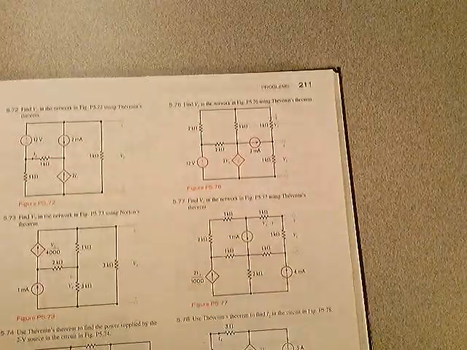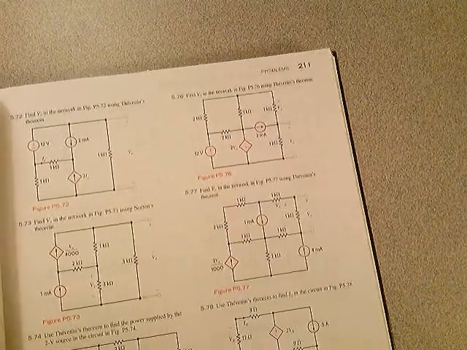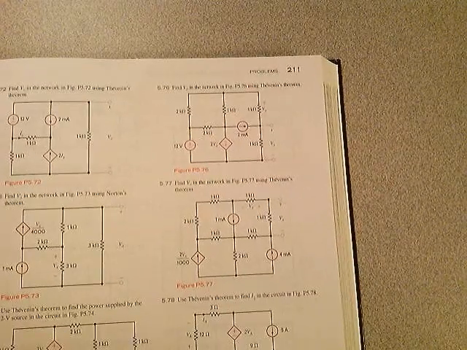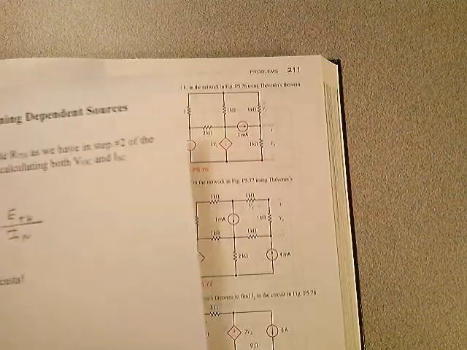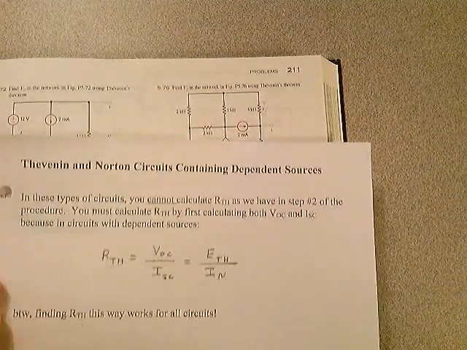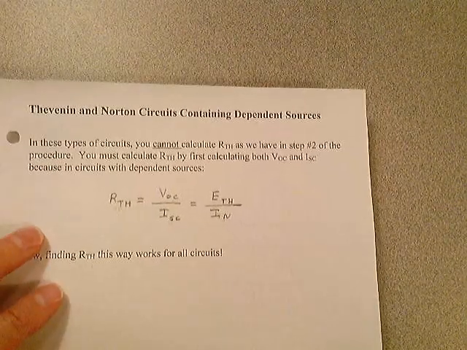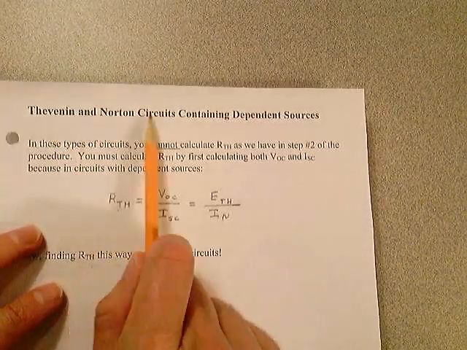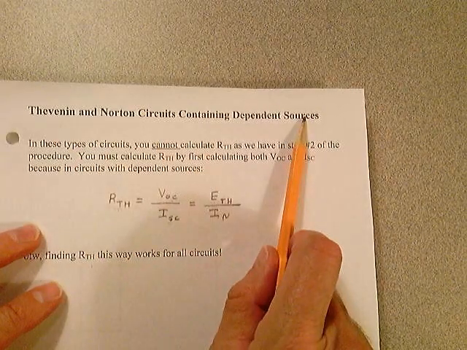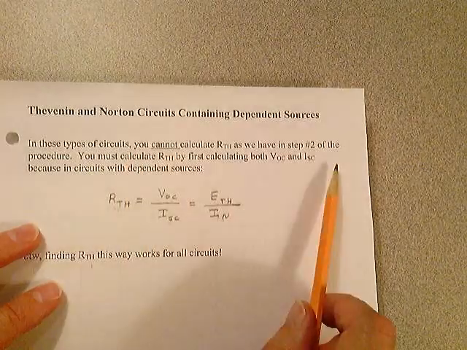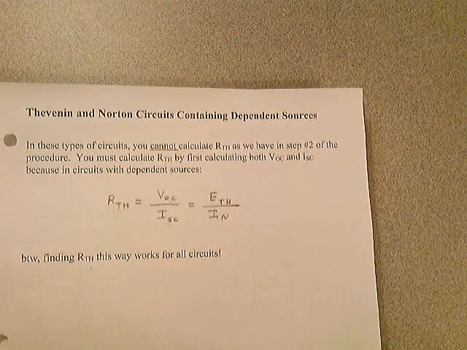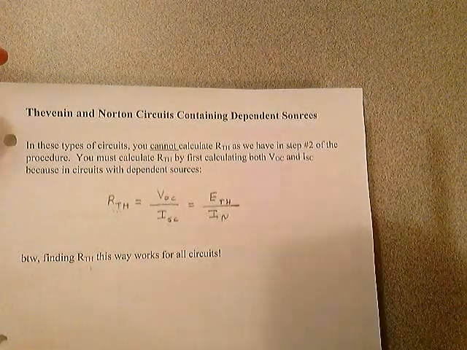That's an important concept. In the book, they make a big deal out of that. It's when we were talking about how you handle Thevenin and Norton circuits containing dependent sources. Remember, this is important. I tried to explain it here. And that concludes this lecture.